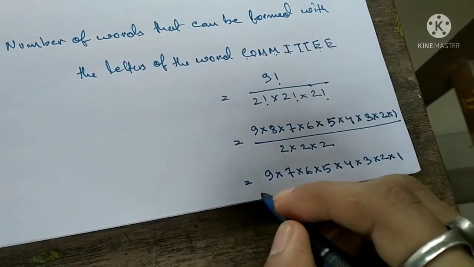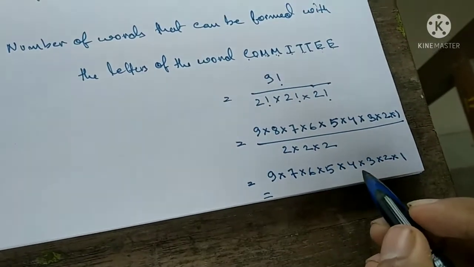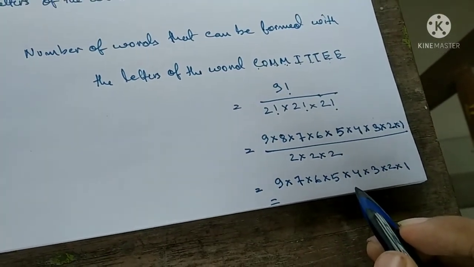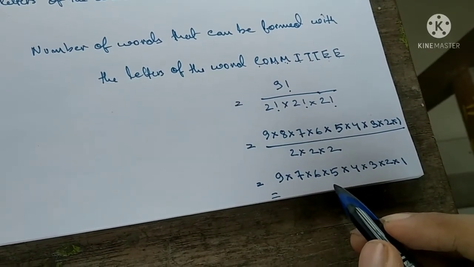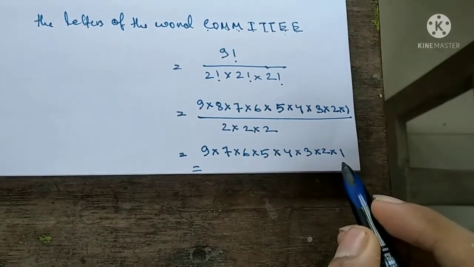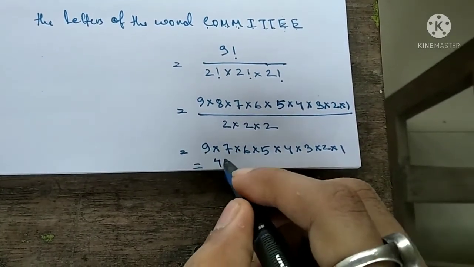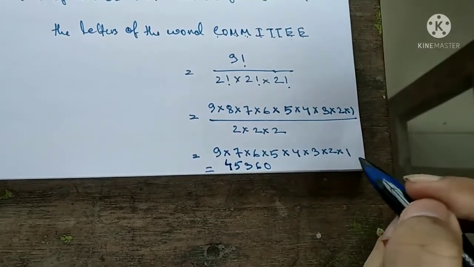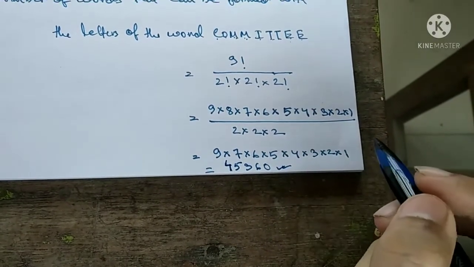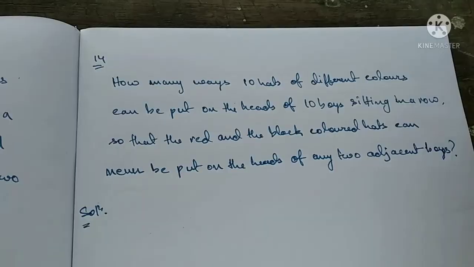Let me do the multiplication and then I will write the answer. If I multiply this, I will get 45,360. Okay, this is our answer, 45,360.